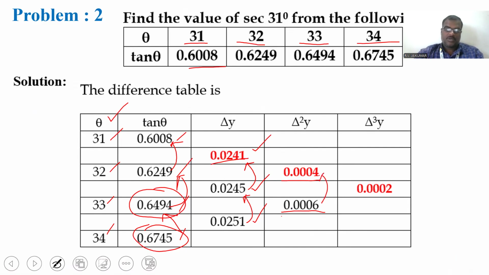Then again subtract 0.0006 minus 0.0004, we get 0.0002. We may not proceed further because we have a single value, so we cannot subtract with any other values. So we can stop the process. Now we have found the difference table. Now you have to use the forward difference derivative. We have to find the derivative y dash.